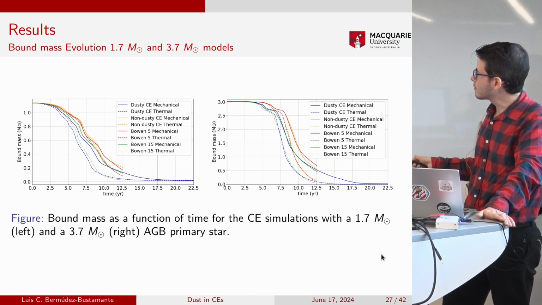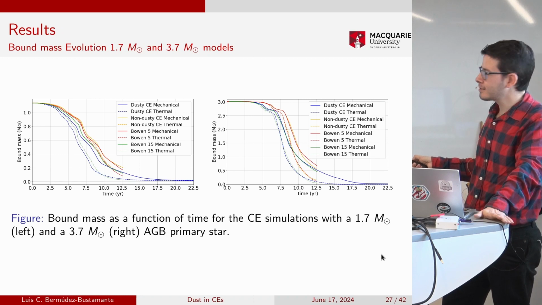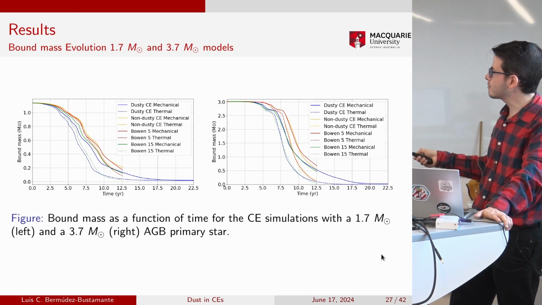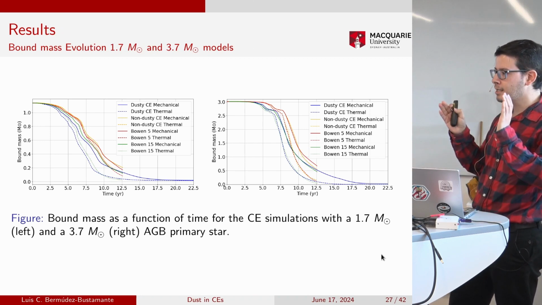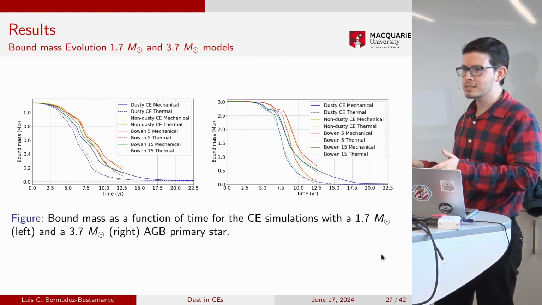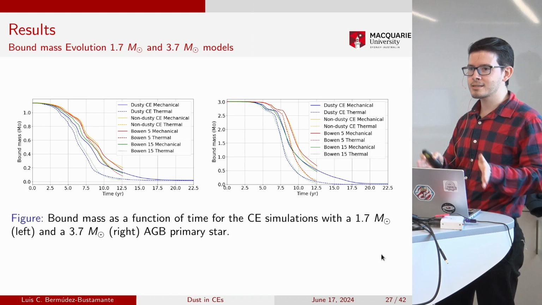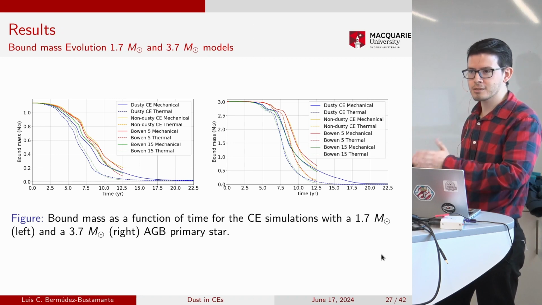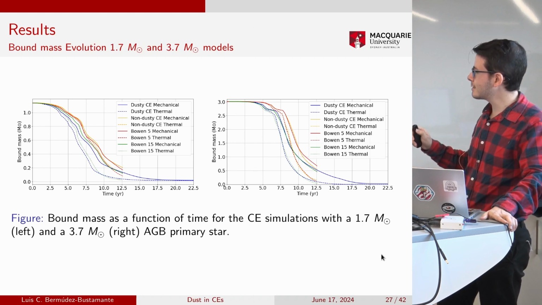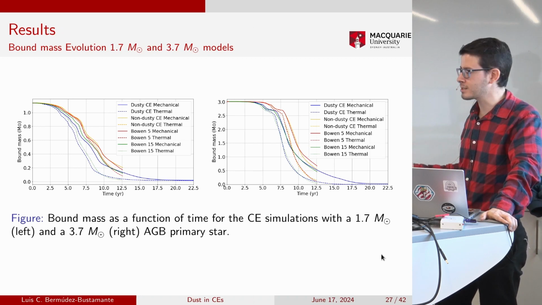The solid lines indicate a mechanical criterion. I'm going to describe this mechanical criterion later, but you consider that the mass is unbound if the total energy, kinetic plus gravitational potential energy, is larger than zero. If that is larger than zero, then that gas is unbound from the system.